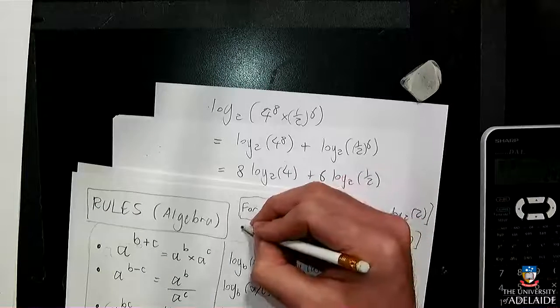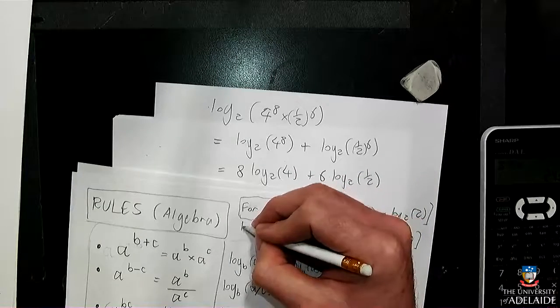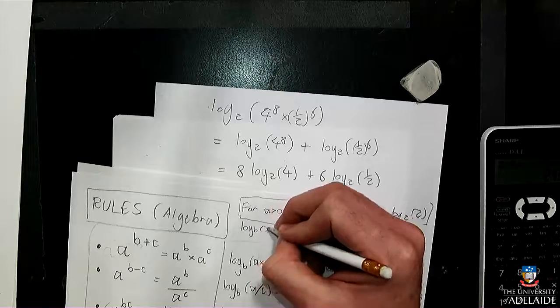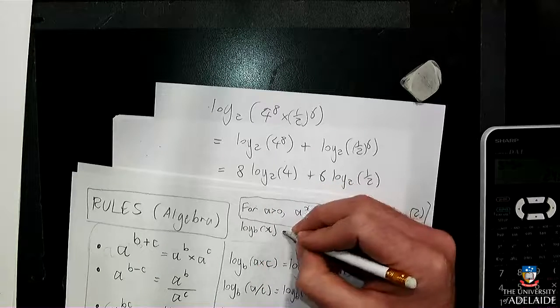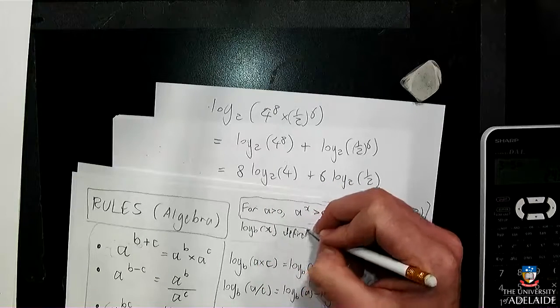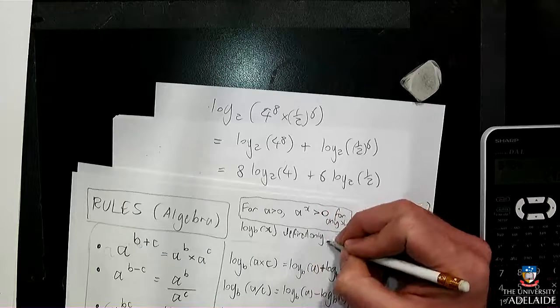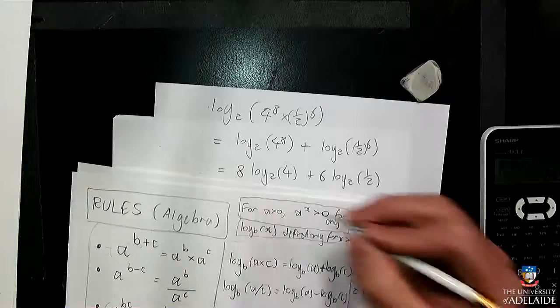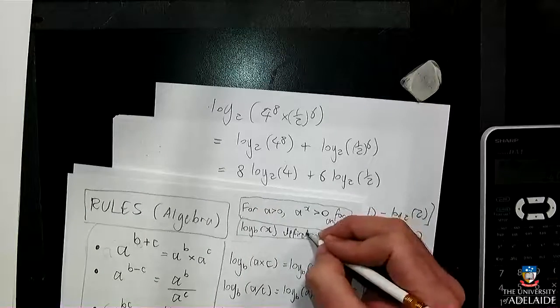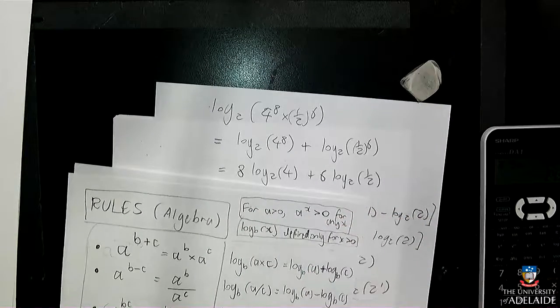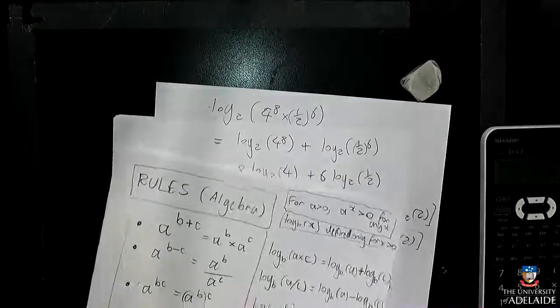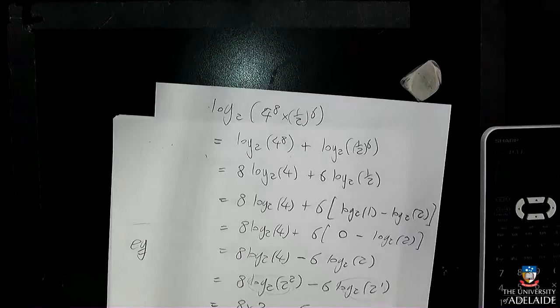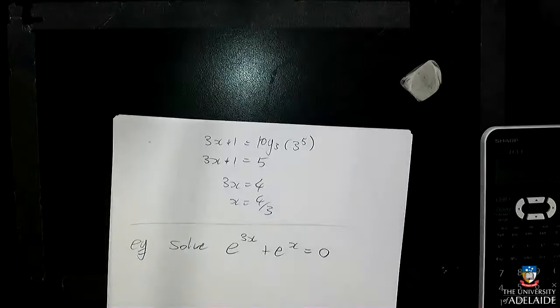And also, log base b of x is only defined for x positive. That's a useful thing to know as well. All right, our rules are getting a bit joined together, but we need them all.